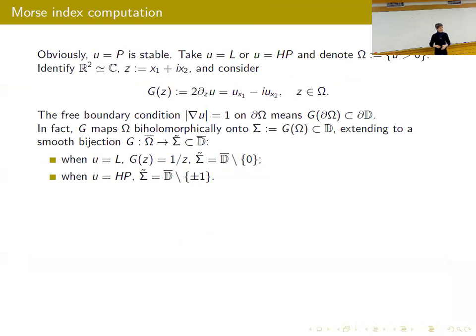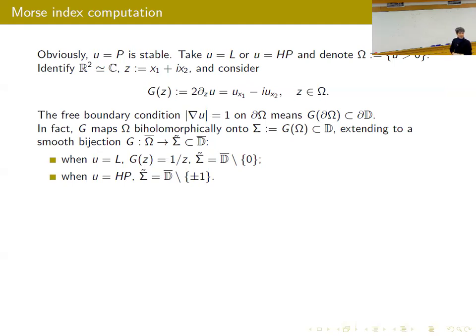Okay, so now this is a fun part. Again, as in minimal surfaces, the index is going to be encoded in the geometry of, for minimal surfaces, the Gauss map. Here it's the G map, I call it, which is nothing but the complex z derivative of the harmonic function u. So in that way, you get a holomorphic function defined on the positive phase.